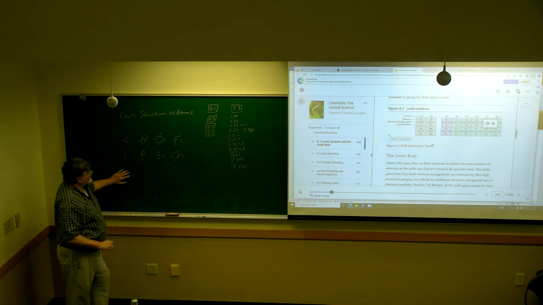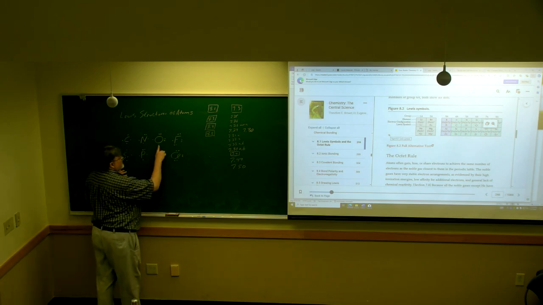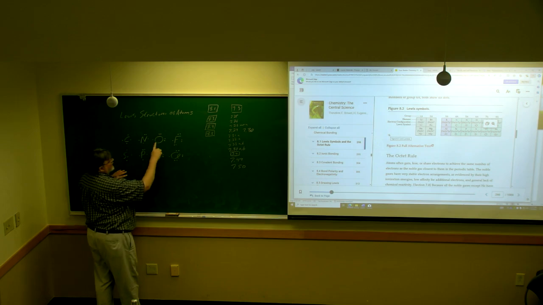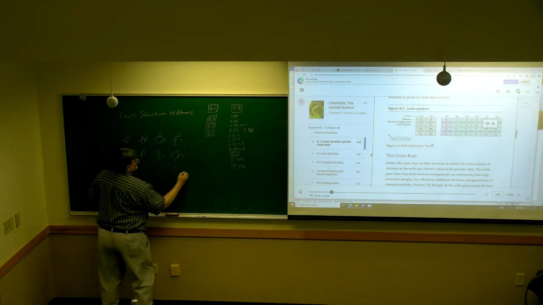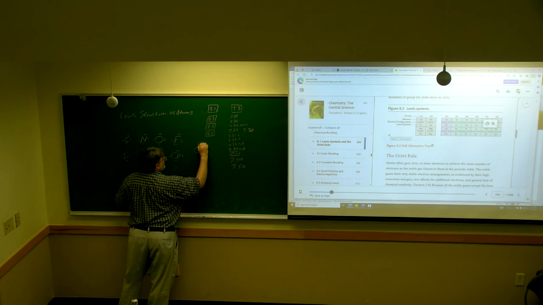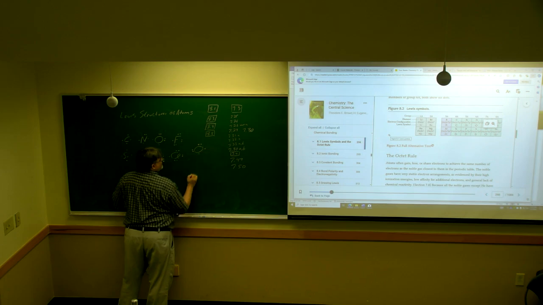So anything in a column has the same Lewis structure. I'll also point out, we call these electron pairs, and we call these unpaired electrons. So we have 2 pairs of electrons and 2 unpaired electrons. That's a correct way to do it. You could also do it like this. It doesn't matter where the 2 pairs are and where the 2 unpaired ones are.